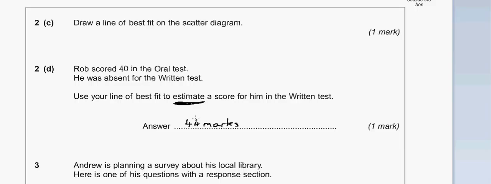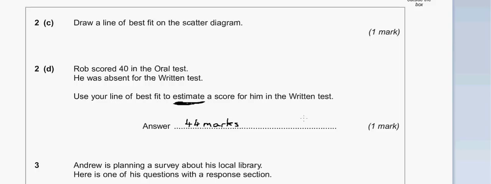Okay, so that's how we find out the information. So the line of best fit will help us find missing scores should somebody miss one part of the data that we've collected. Okay, I hope I've not made that more complicated than it actually is.